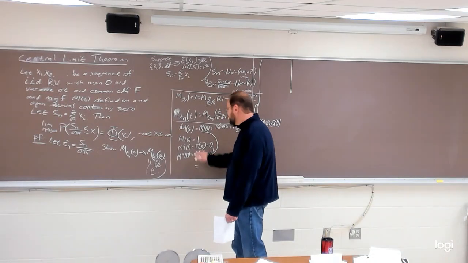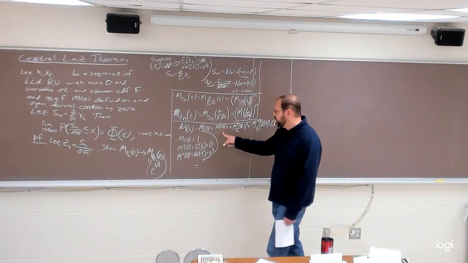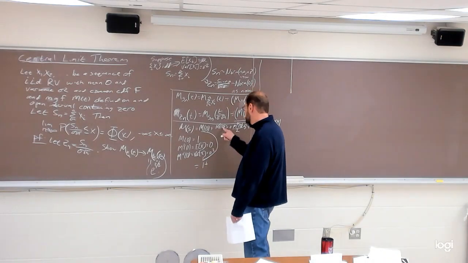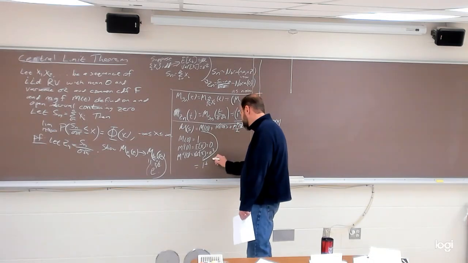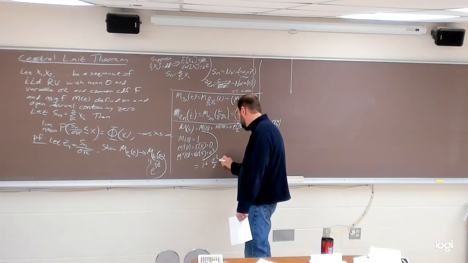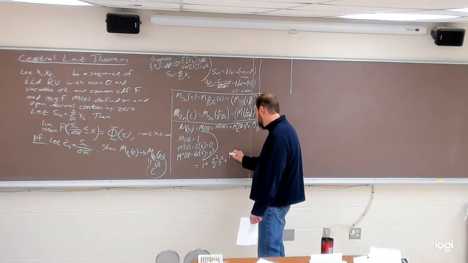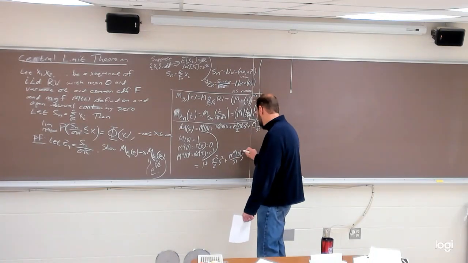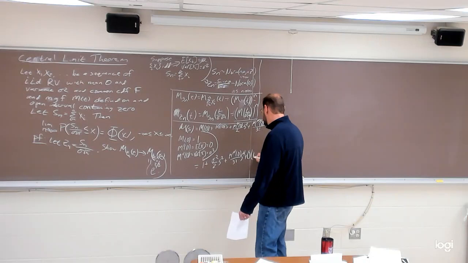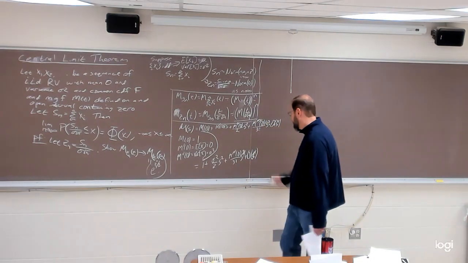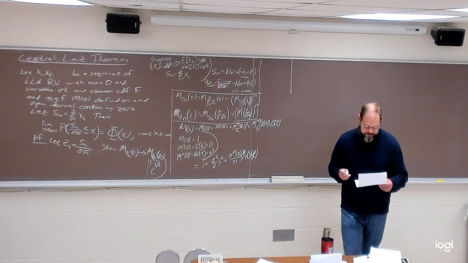So, if I'm looking at this Taylor expansion of the moment generating function, it will be 1 plus 0, plus sigma squared over 2 s squared, plus I have this next term over s cubed, plus some other things that depend on s to the fourth.